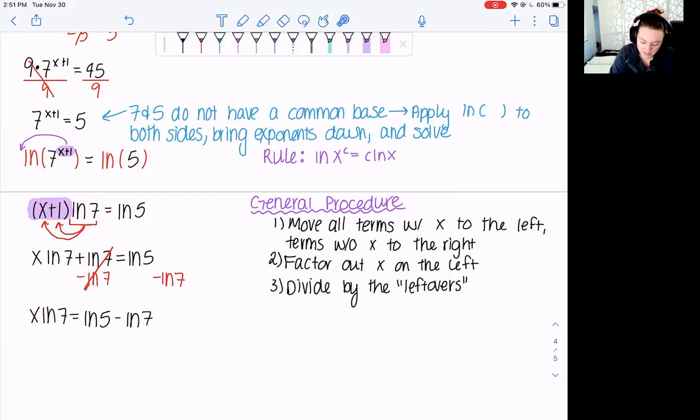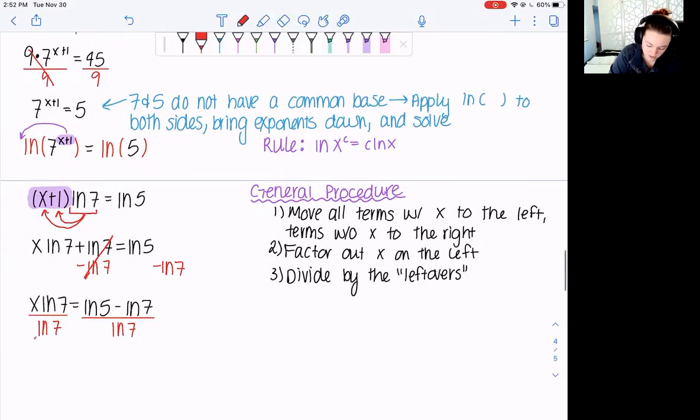So we're good here, one x term. We just need to divide out the ln7 so that we can get x by itself. So when we do that, we cancel. And our answer is x is equal to ln5 minus ln7, all divided by ln7.